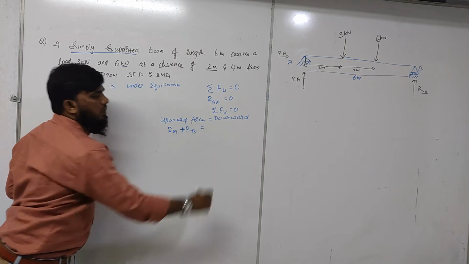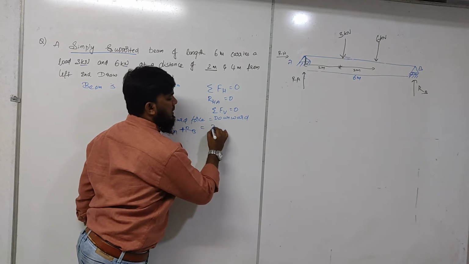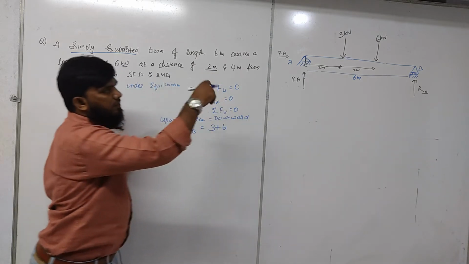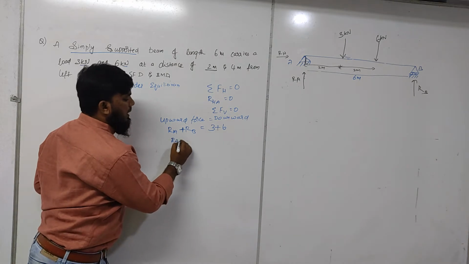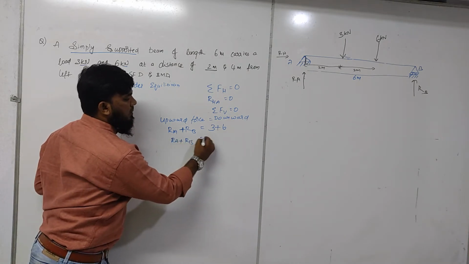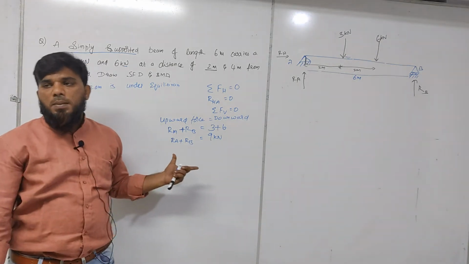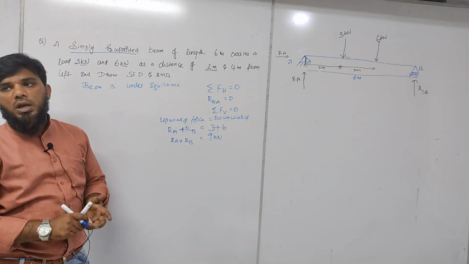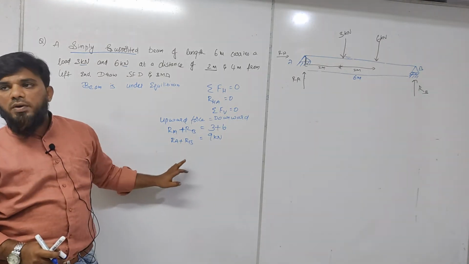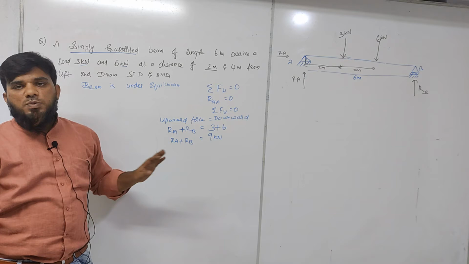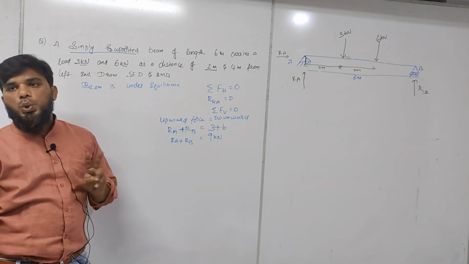That is equal to 3 plus 6, because the downward forces are 3 and 6. So RA plus RB is equal to 9 kilonewton. In the cantilever we directly got only one reaction, but here we have two unknowns. That is the basic principle: whenever you have two unknowns, you should have two equations.